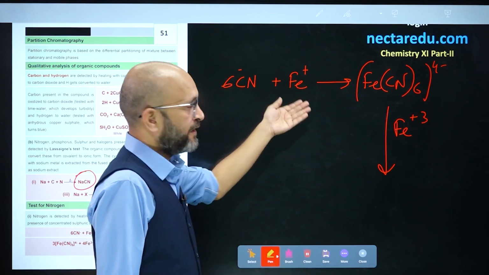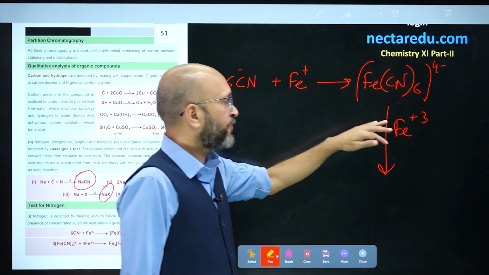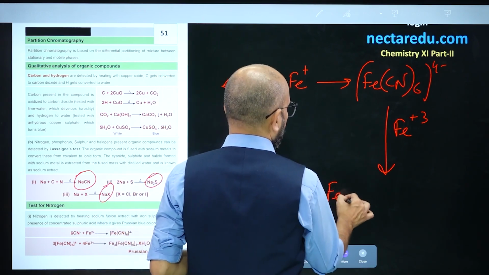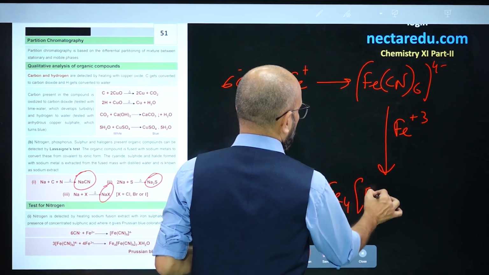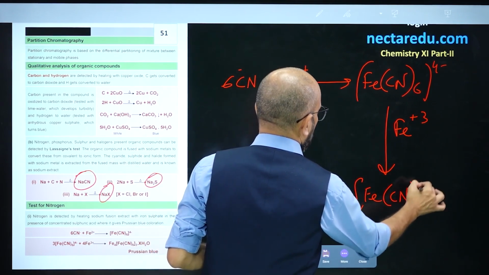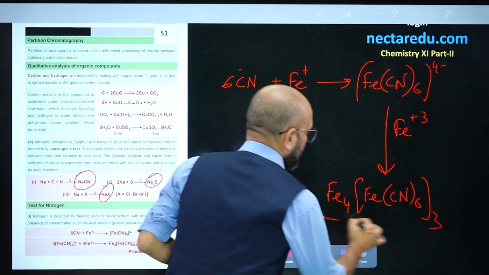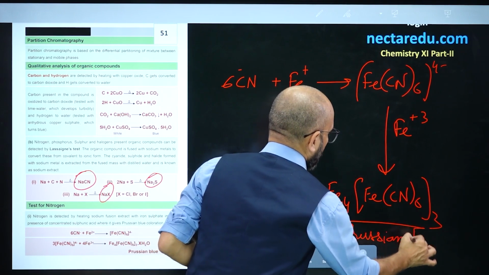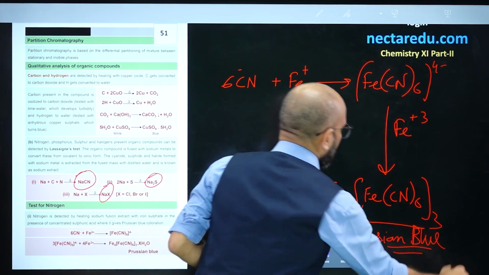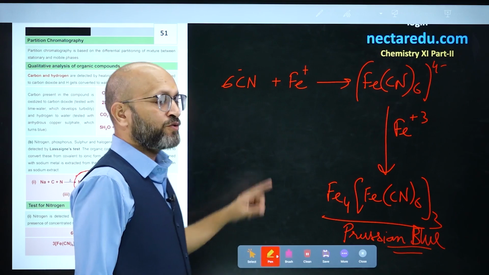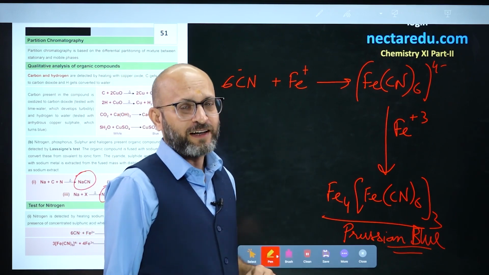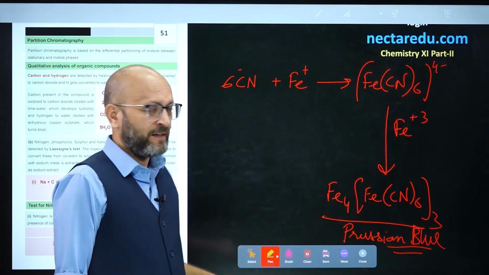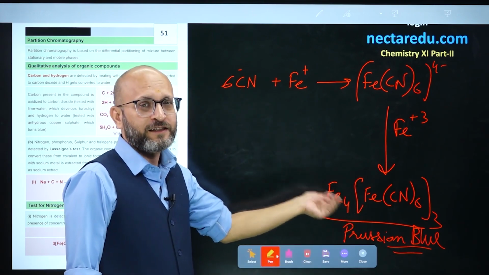You can take ferrous sulfate here, and you can take ferric sulfate or ferric chloride FeCl3, and it will get converted into Fe4[Fe(CN)6]3, and the color of this complex is Prussian blue. So if you get Prussian blue, then it is confirmed that the organic compound has nitrogen. This is the test for nitrogen. If you get the Prussian blue color, the organic compound contains nitrogen, and this complex of course is of blue color.